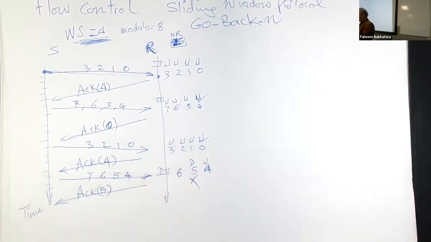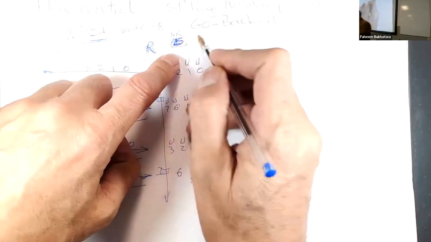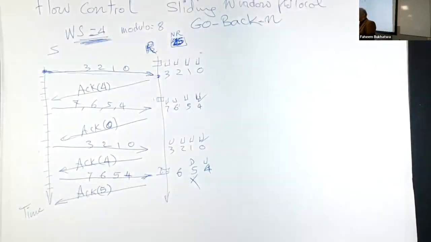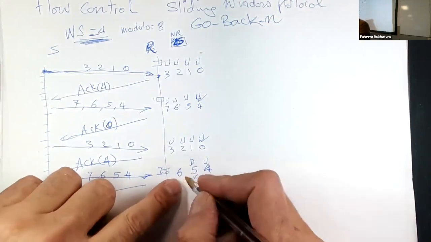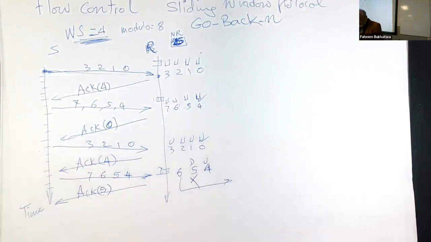There's nothing wrong with it. But we are waiting on number 5. What does that mean? It means that's not the frame we are waiting on. This is not the right sequence. They call this an out of sequence frame. So there is an error. It's called out of sequence.